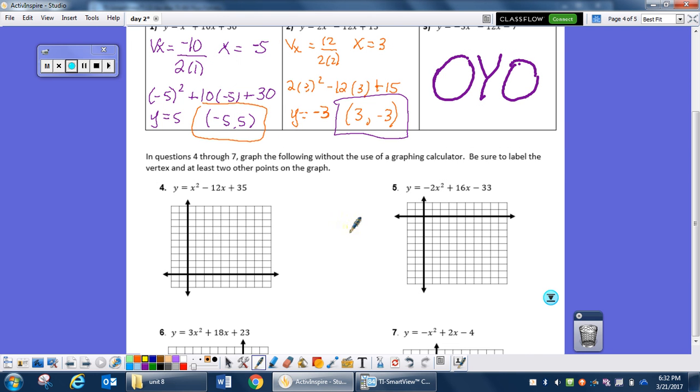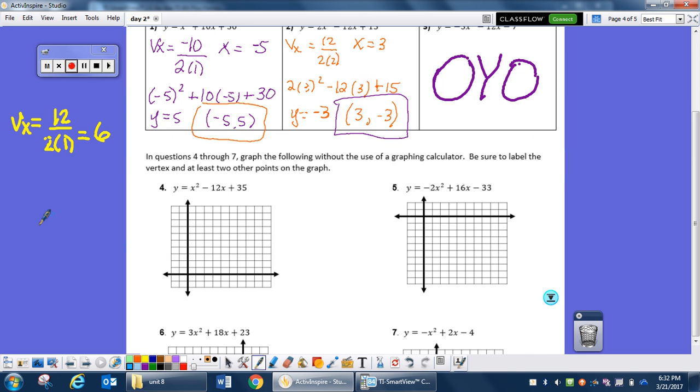So in 4 through 7, you're going to find the vertex. So I think I've kind of given you space to find the vertex. So I'm going to find my vertex over here. Okay. So the opposite of 12 is 12. Or I'm sorry, the opposite of -12 is 12. Divided by 2 times a. Okay, so that gets us to, we have an x-coordinate of 6.